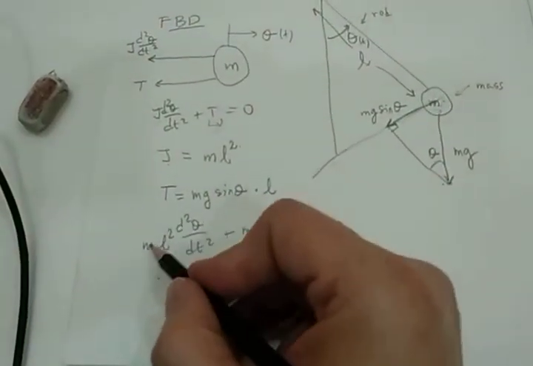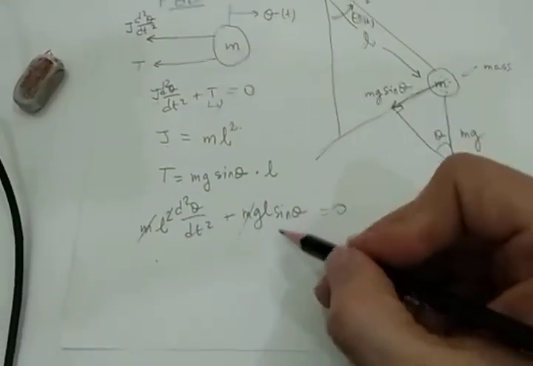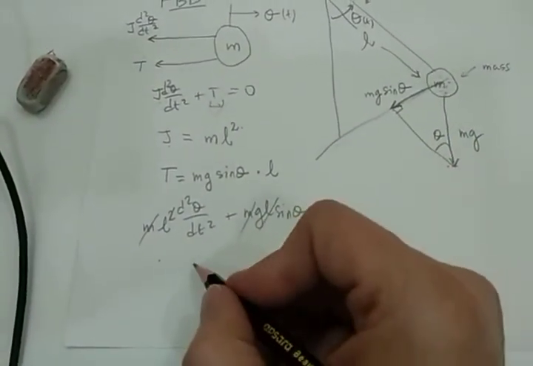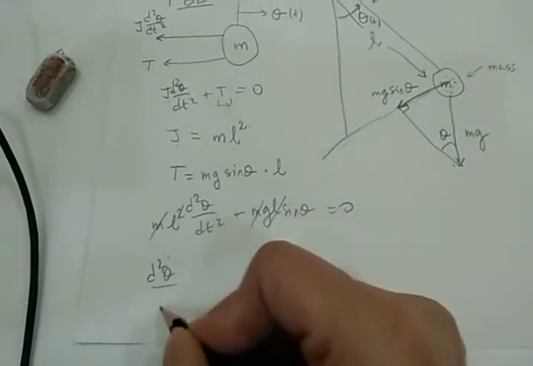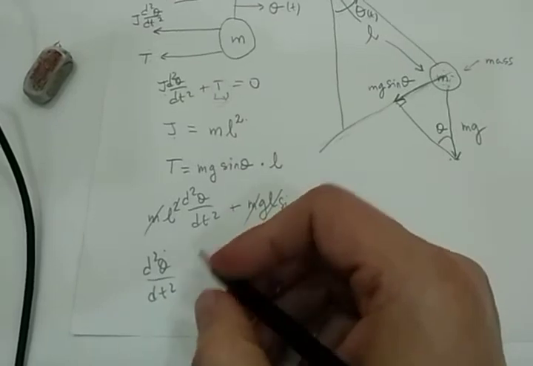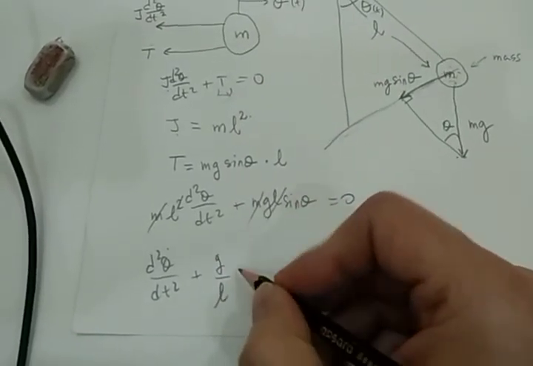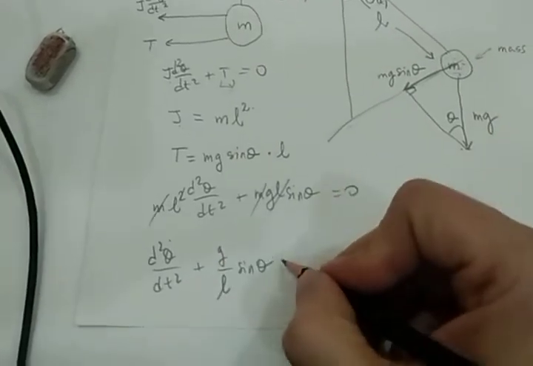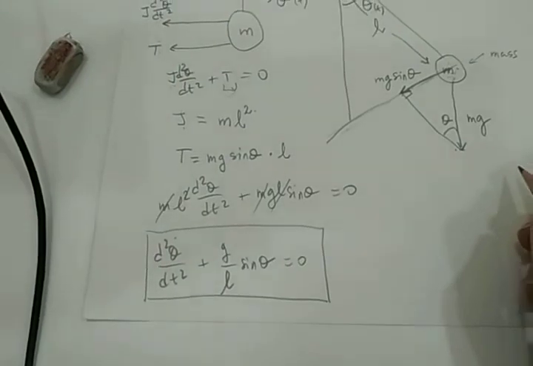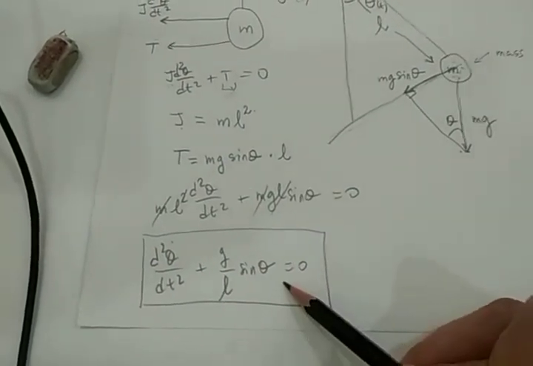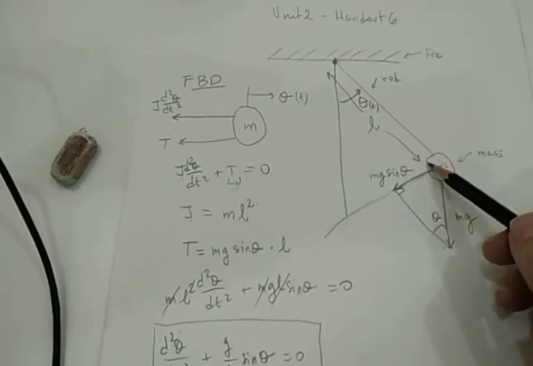It means that this m and this m will cancel, and this L square will cancel with this L, and at the end you can write this beautiful differential equation: d square theta dt square plus g upon L sine theta equals 0. So this is the differential equation describing the motion of my simple pendulum.